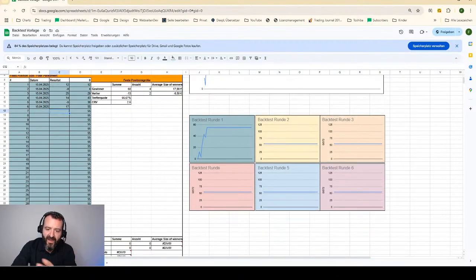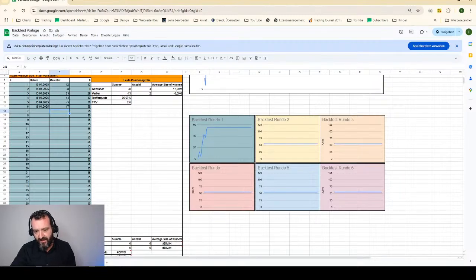Here you can say, I would like to test one time in February, I would like to test in December, I would like to test the strategy in the summer months, does it work the same? So you can put yourself at different spots. You could say, okay, I would like to test when COVID started, I would like to test when a war started, whatever, to see how the system is reacting and so on.